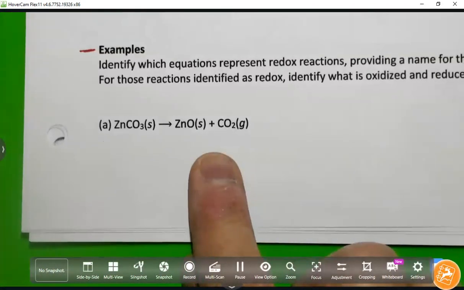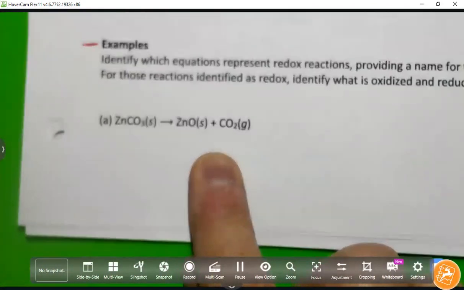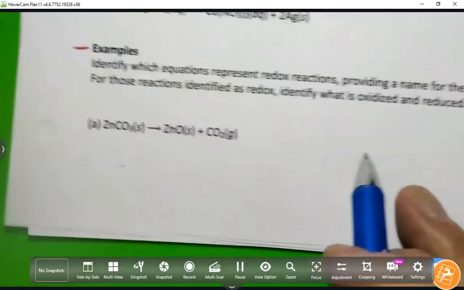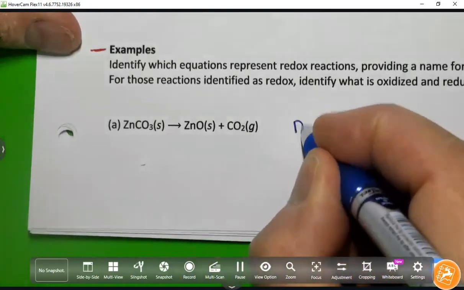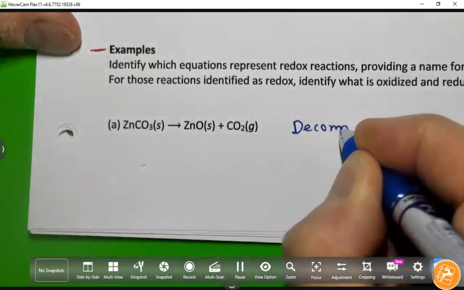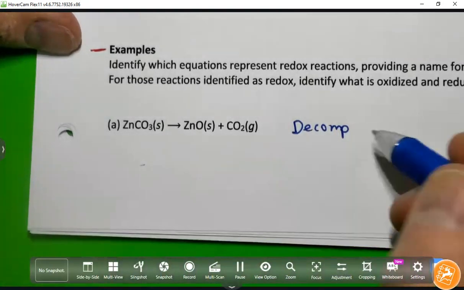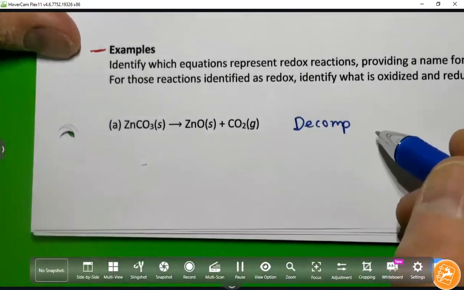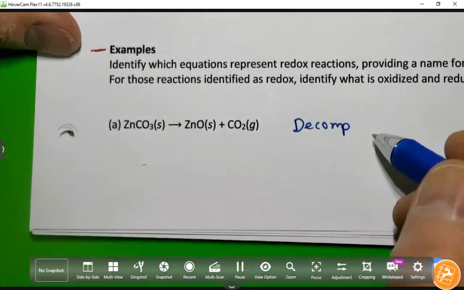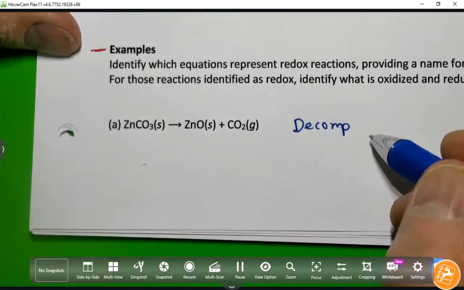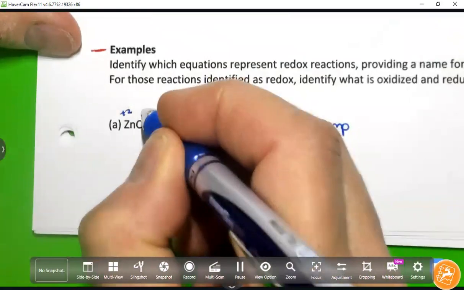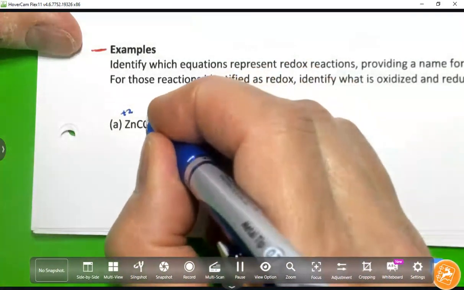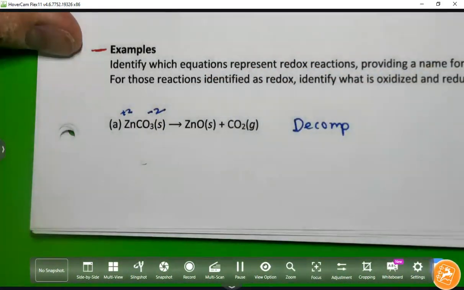Okay, let's look at these down here. What do we got? What type of reaction do we have here in A? Decomposition, right? You've got one reactant, two products. So you got decomposition. And is this oxidation reduction? We've got +2, -2.